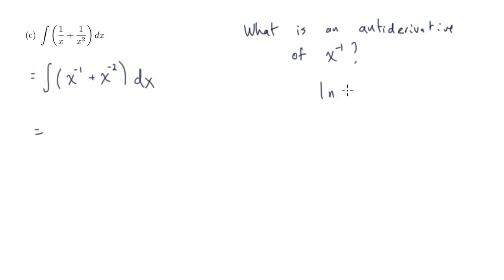So if we take the derivative of natural log of x, so we just apply this d dx, so the derivative of the function natural log of x with respect to x is 1 over x. Okay, so it seems like, great, the antiderivative of x to the minus 1 is natural log of x.